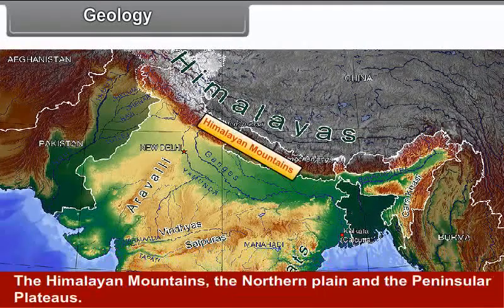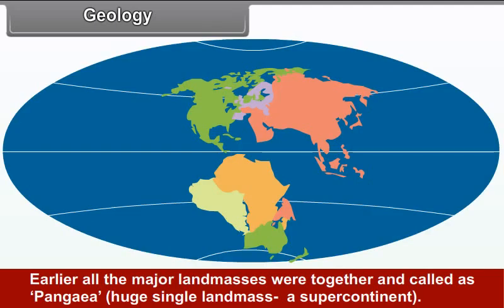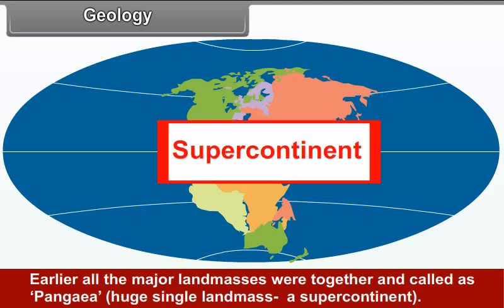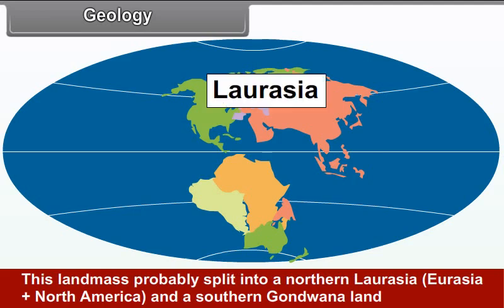India shares maritime boundaries with Pakistan, Sri Lanka, Maldives, Indonesia, Bangladesh, and Myanmar. Geology. The present physical structure of India is the result of long geological process.